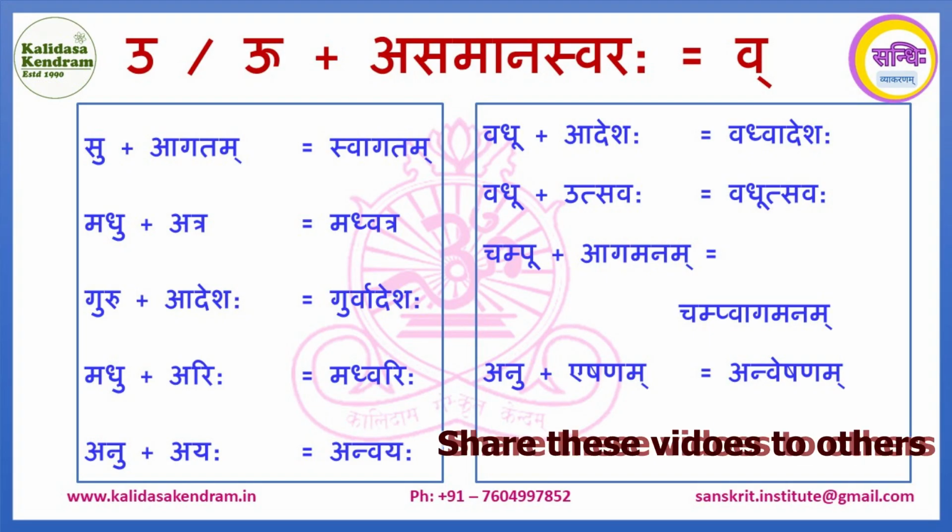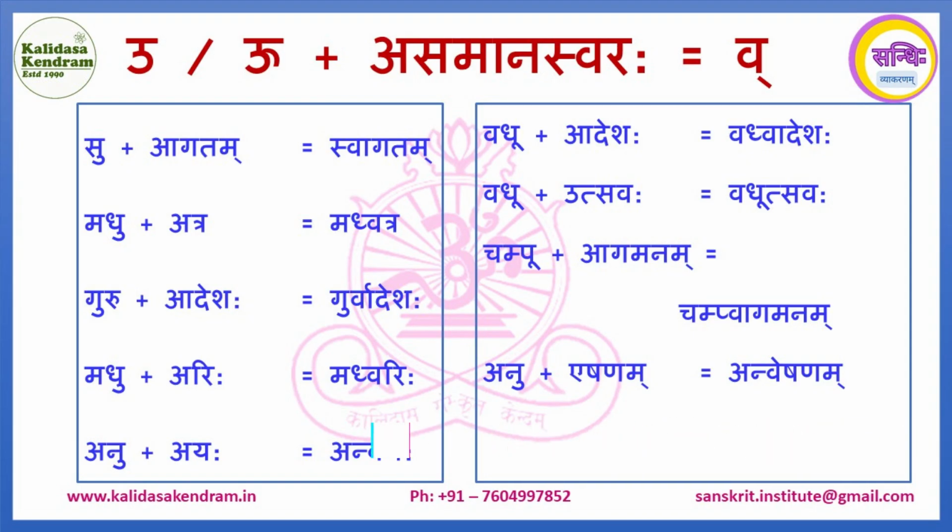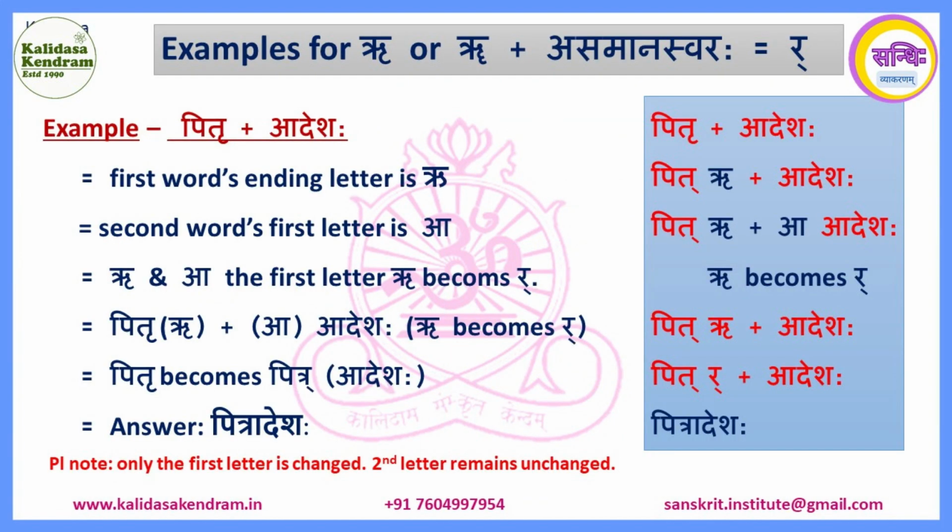U becomes Va. Please understand it. Vadhu plus adeshaha, vadhvadeshaha. Vadhu plus utsavaha, vadhutsavaha. Champu plus agamanam, champvagamanam. Anu plus eshanam, anveshanam. Now we move on to the next rule.